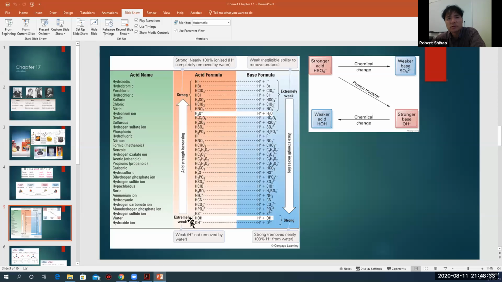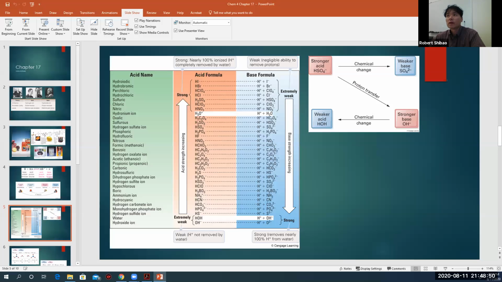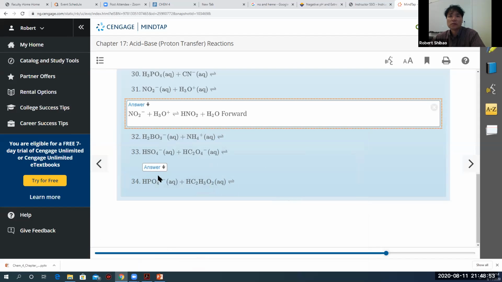And so we have to consult the chart there. And we look for bisulfate is here. And then we look for hydrogen oxalate, it's down here. So bisulfate is stronger than hydrogen oxalate, which is here. And so this is going to go forward.